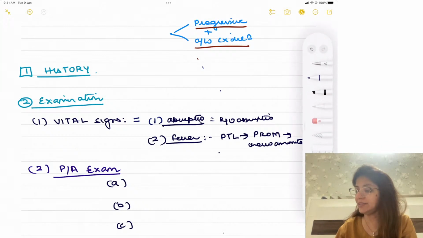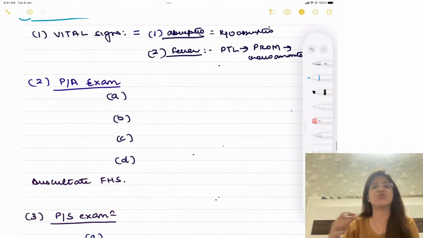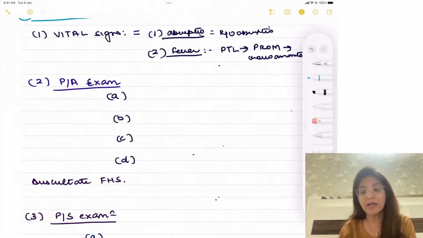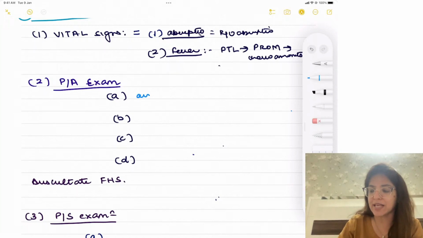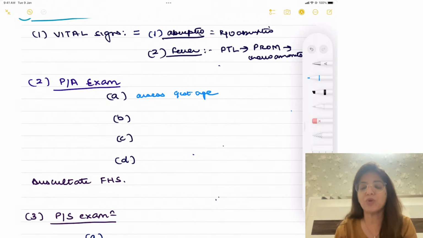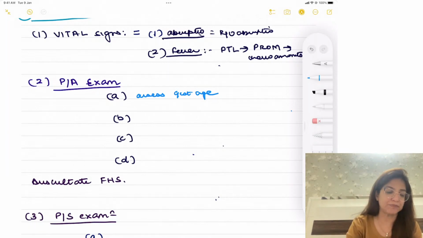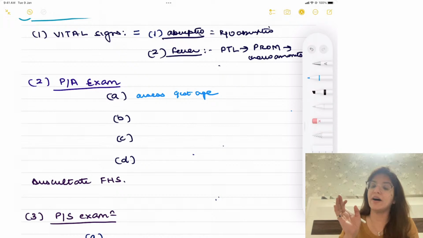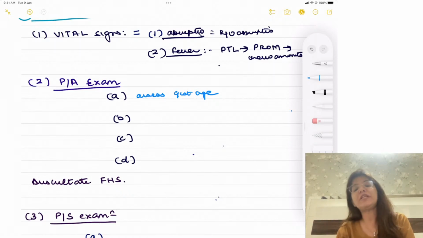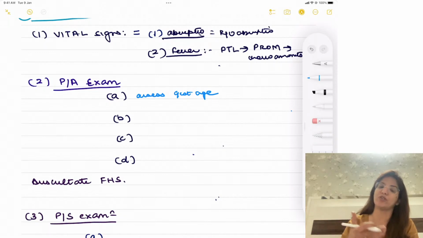Then in these patients, the next thing I am going to do is a per abdominal examination to assess the gestational age, because when I talk about management, I will tell you that in females in whom preterm labor happens at less than 34 weeks, the management will be different, and if preterm labor is happening at more than 34 weeks, management is going to be different.